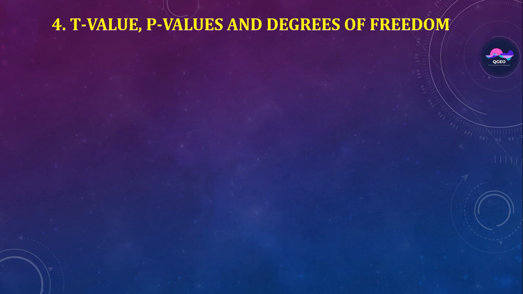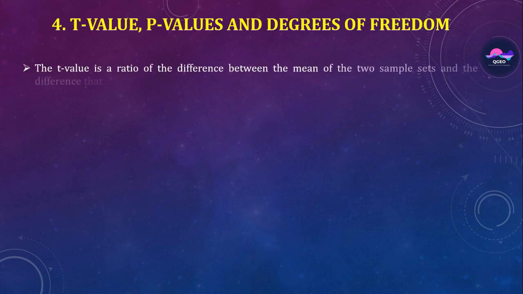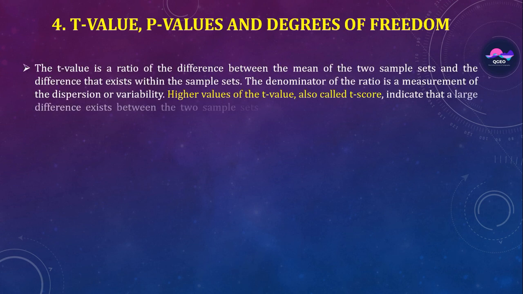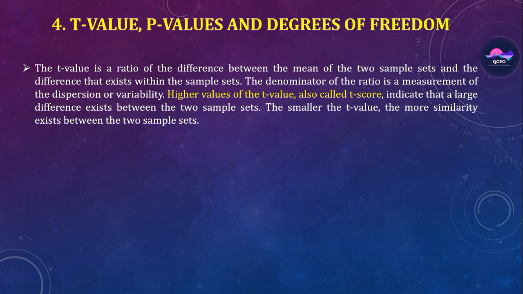T-value, p-value and degree of freedom. Most important these are. The t-value is a ratio of the difference between the mean of the two sample sets and the difference that exists within the sample sets.